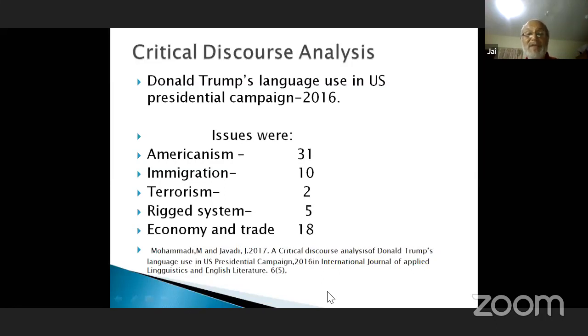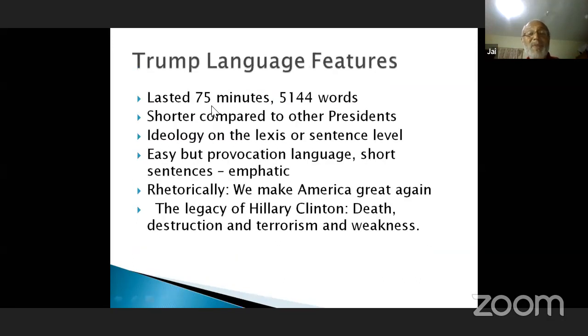You can download it. Now, the speech lasted 75 minutes, and he used 5,144 words, and he used very short sentences. Compared to other presidents in the history of about 200 years of American presidents, he gave a short speech.